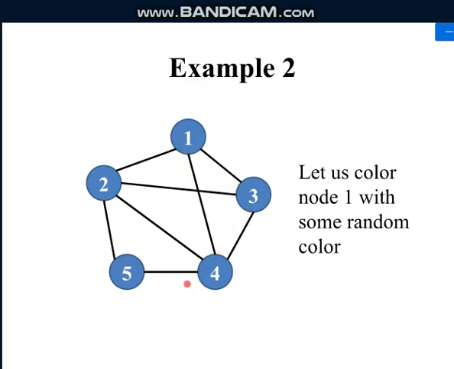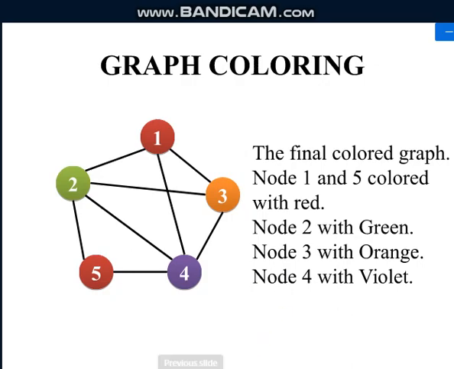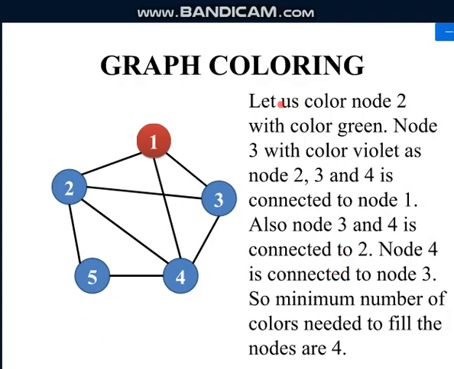Okay, so let us see how many colors we will have to use to color this graph. Yes, so that is what is given here. If we try to color node 2, we cannot color it the same as node 1.